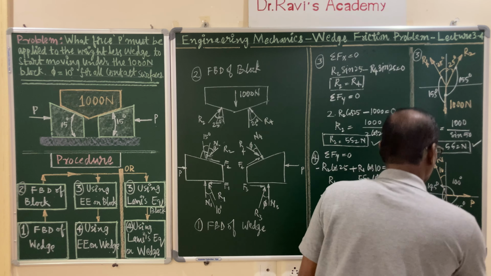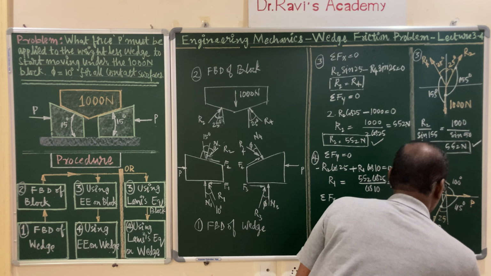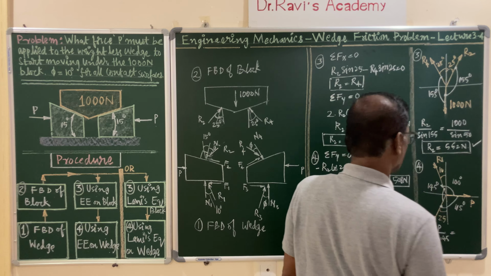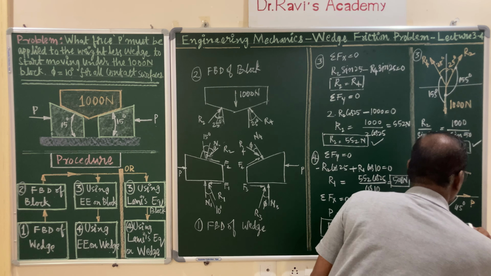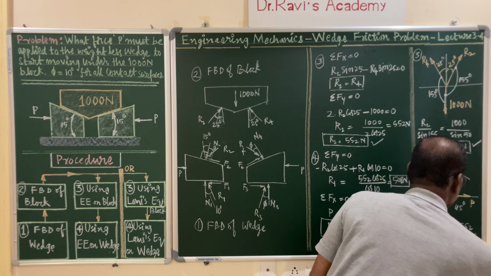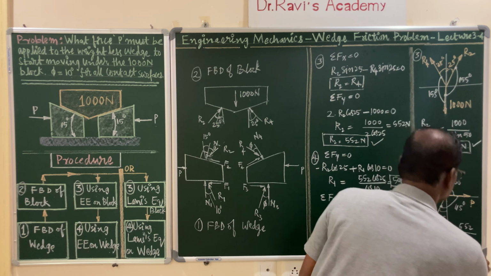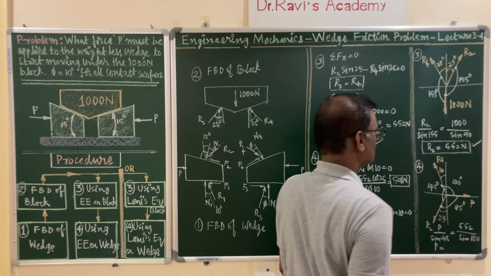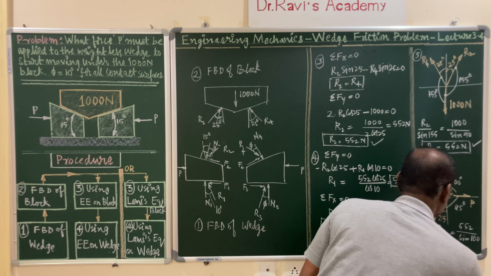You are interested in the P value: P divided by sine 145 equals the known force R2, 552, divided by sine 100. From this you can calculate the P value. You are going to get 321 newtons.